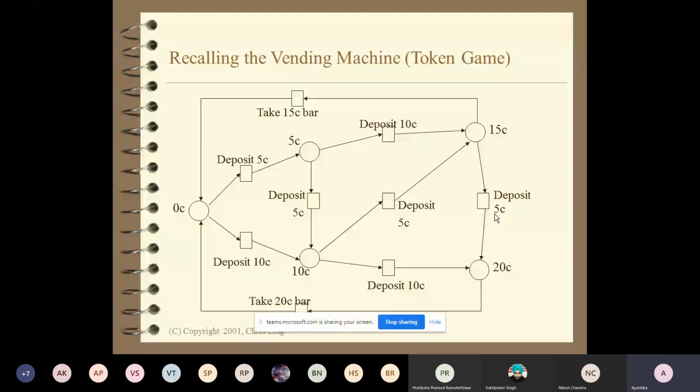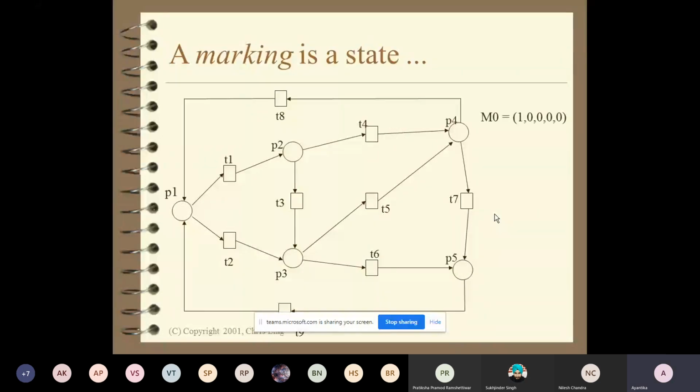In this vending machine, when we have to check reachability, how can we check that? We will do that based on some marking state. Marking is a state. What does it mean? Whenever your token is moving at a particular place, you check what is the marking.